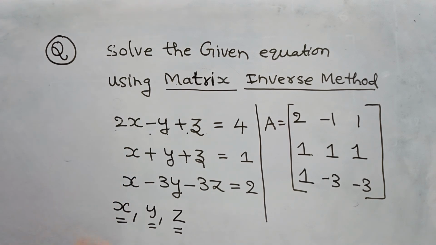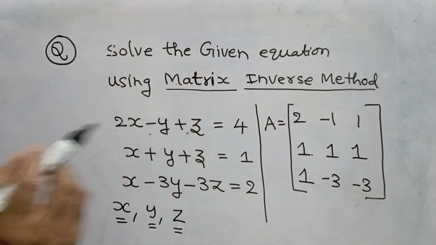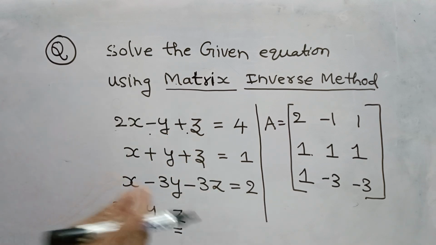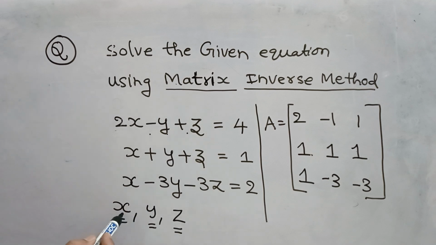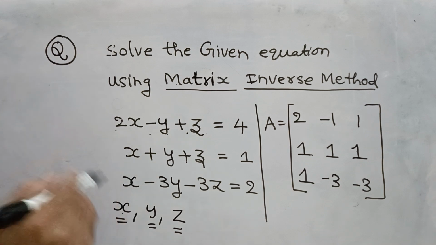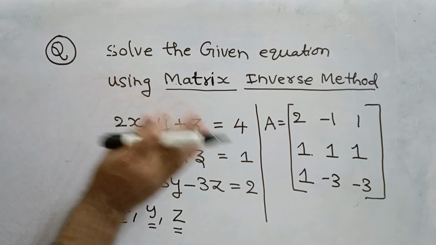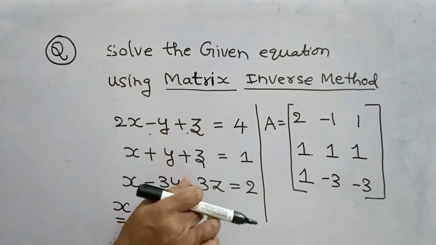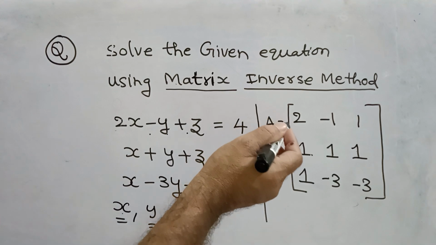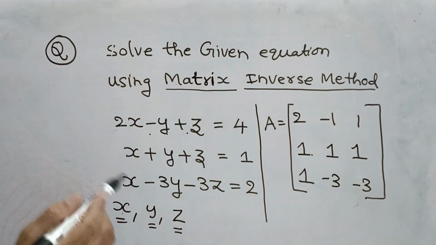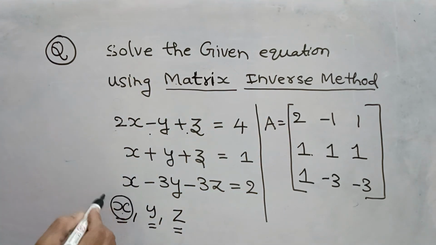There, in that method also, three equations were given and we applied Cramer's rule to find the values of x, y and z. Similarly, the procedure is something different in this matrix inverse method, but the goal is the same: we have to find out the values of x, y and then z.